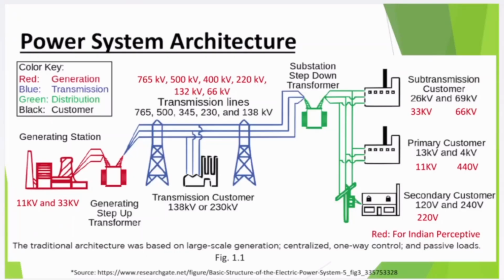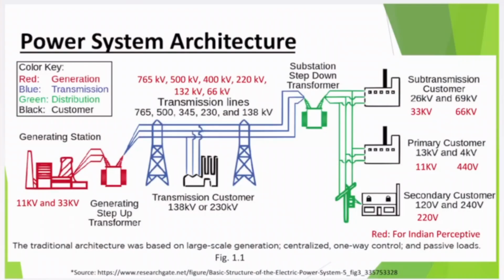To reduce the losses, we step up the voltage to a higher level to carry the power generated by the generating station through transmission lines with different voltage ratings. The voltage rating of those transmission lines can be as high as 765 kV, 500 kV, 400 kV, 200 kV, and so on. But depending upon the geography of the globe, the transmission line voltage levels are quite different.